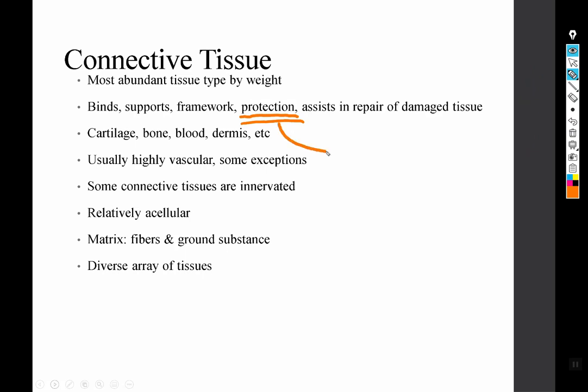So in lab and sometimes in lecture questions as well, you're often asked to provide a function for a particular tissue, organ, membrane, covering, etc. So what I end up finding is that students really overuse protection and then they just end up using protection as the function for everything, which is not appropriate.